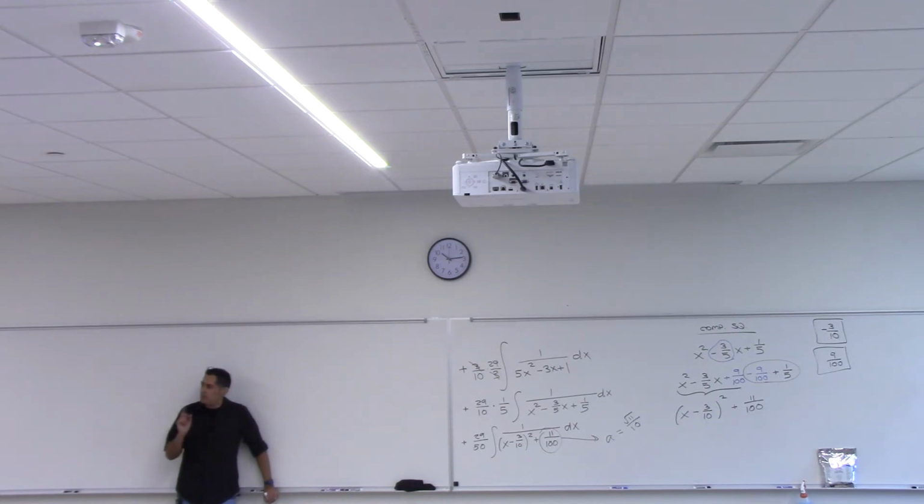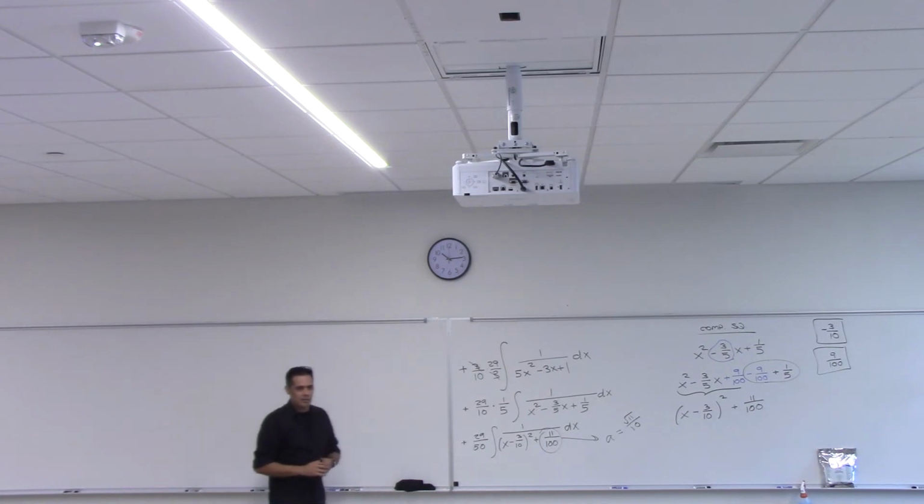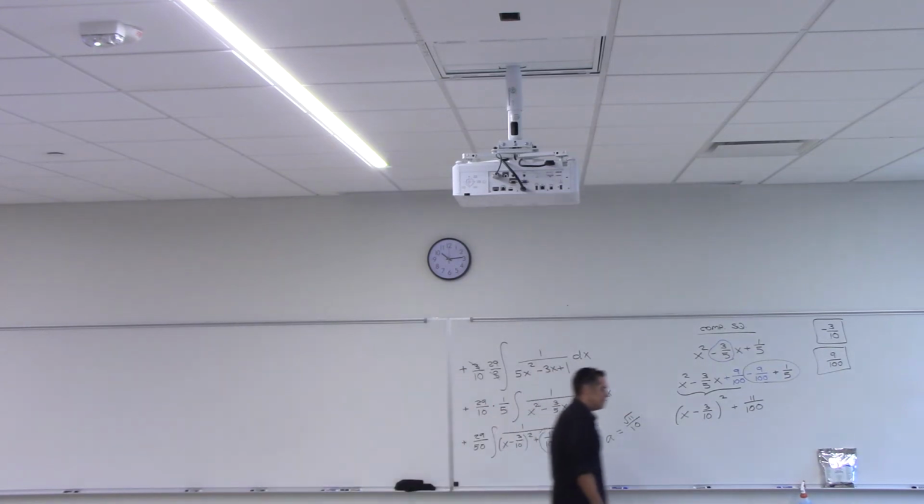That goes with formula 17, 19, or 20, right? And then constant over irreducible quadratic, complete the square. Linear over irreducible quadratic, sub it out, make it turn into what you want it to turn into. Okay?